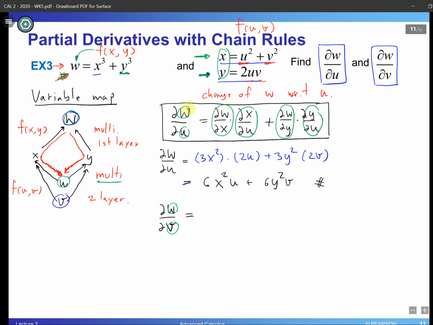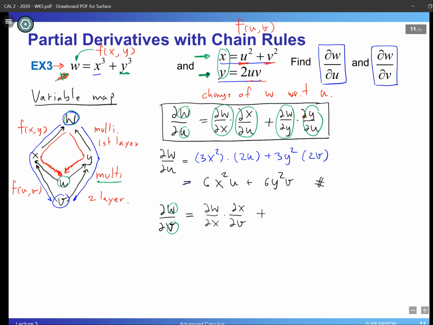As you can see here, we have one path over here on the left hand side. Change of w to x first, and then x to v. So this one, change of w with respect to x first, and then change of x with respect to v later. Alright, that is the first path. And then the next path right here on the right hand side, change of w with respect to y first, and then change of y with respect to v later.